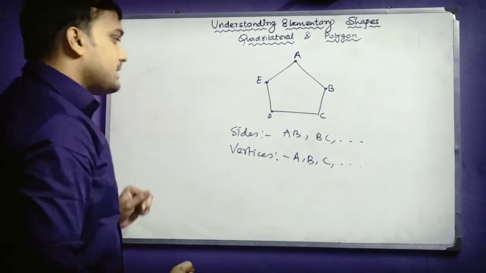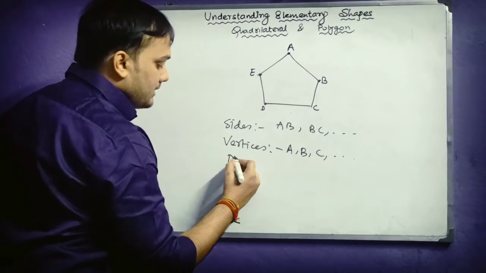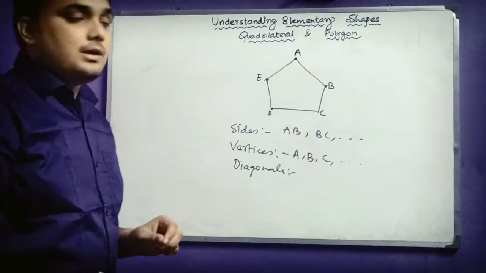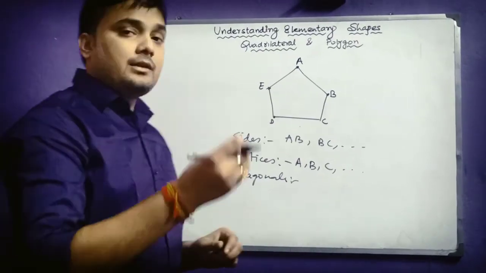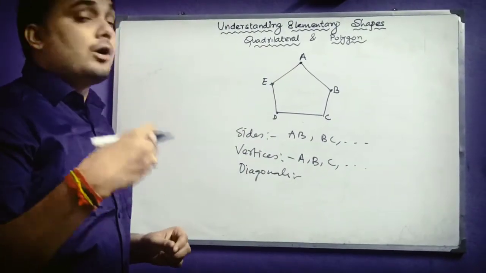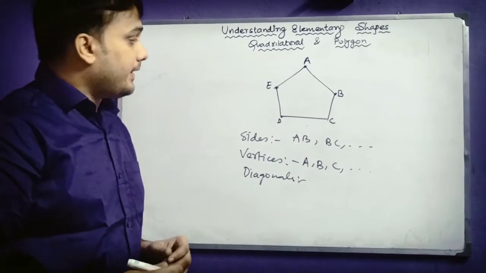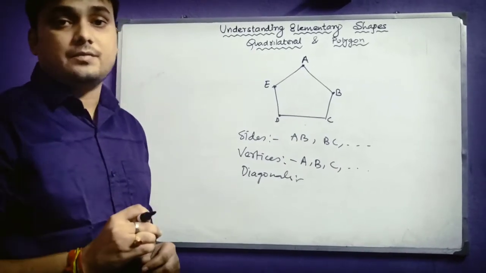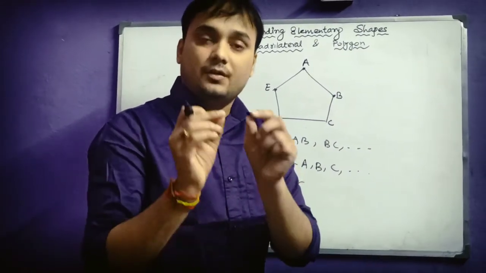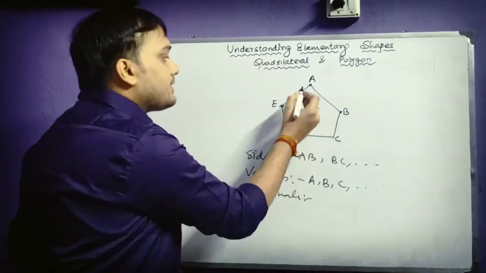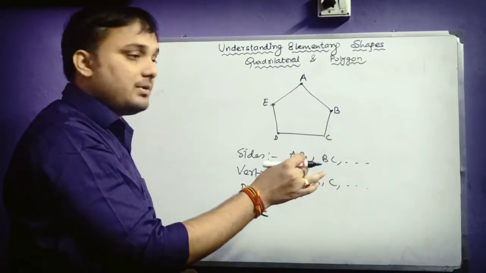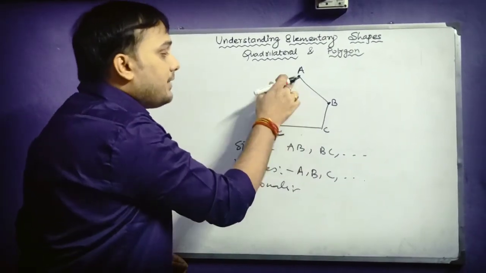Next, what are the diagonals? Diagonals means the line joining the non-adjacent vertices. Adjacent vertices means the vertices which are connected with each other with a line segment, or you can say the vertices which are very close to each other.